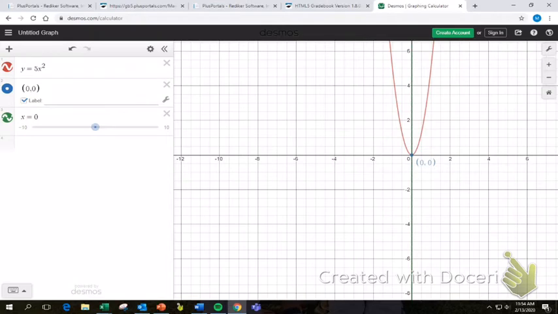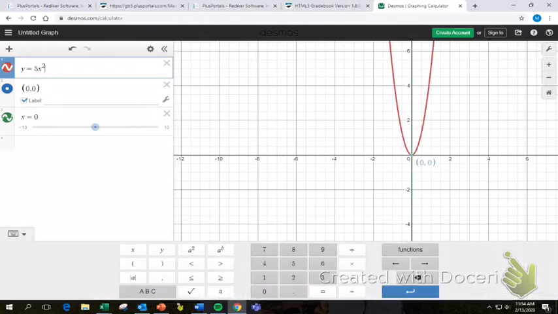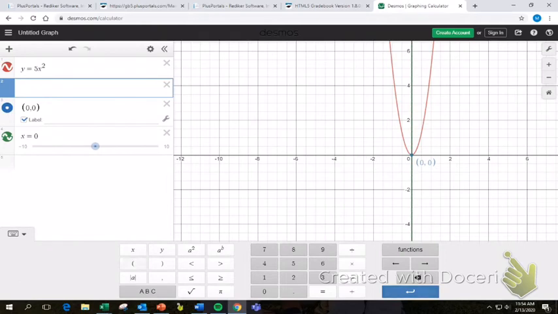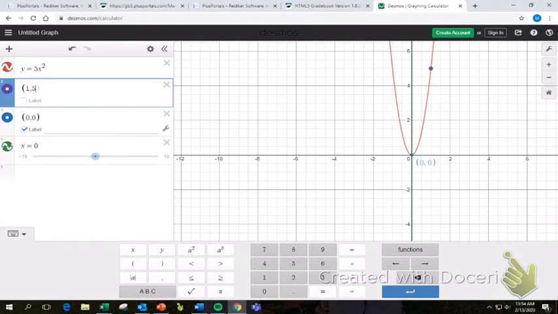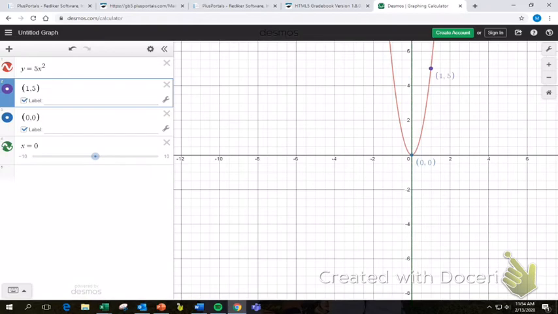Now, we need two more points. What were two more points on this graph? All right, say it one more time. 1, 5, and we're going to label it. Very good. And what is another point? Good. Do you see how they mirror each other?